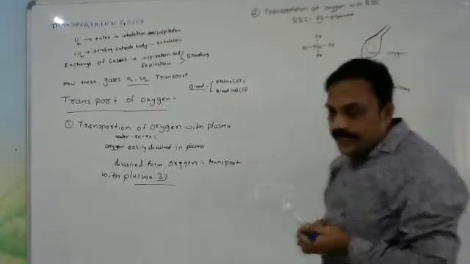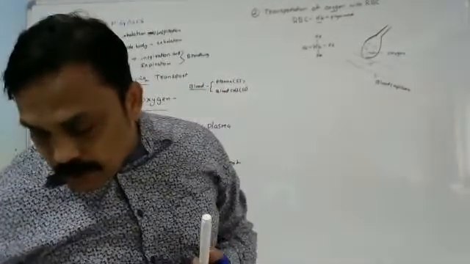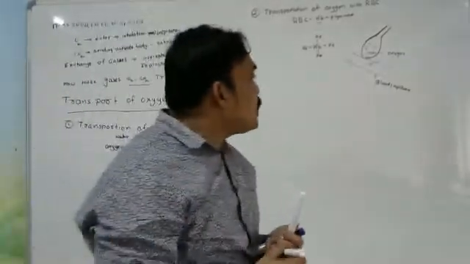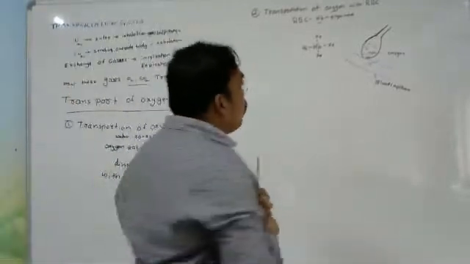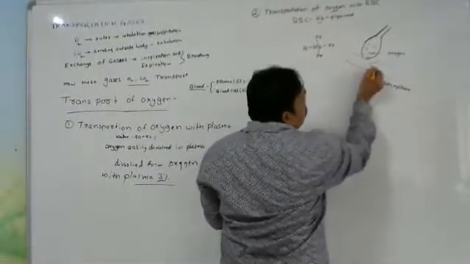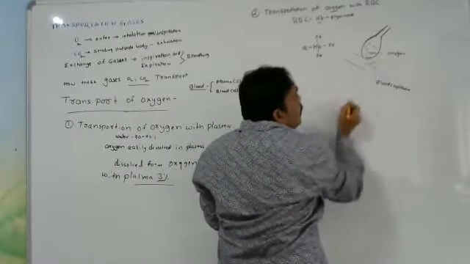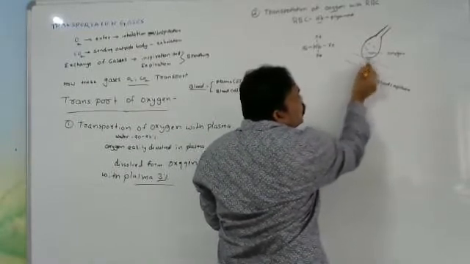In the blood capillaries, oxygen diffuses into the blood. What is there in blood capillaries? Hemoglobin is there. Hemoglobin traps the oxygen, absorbs the oxygen.